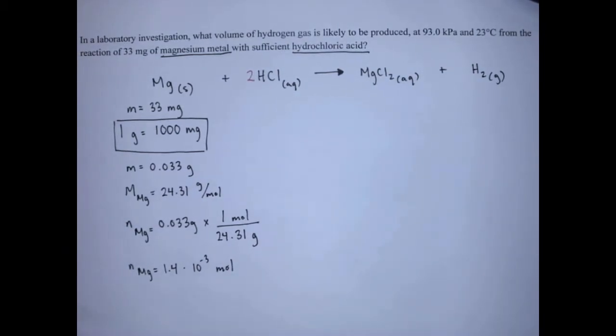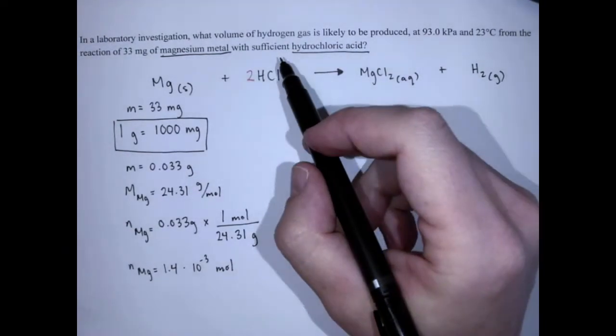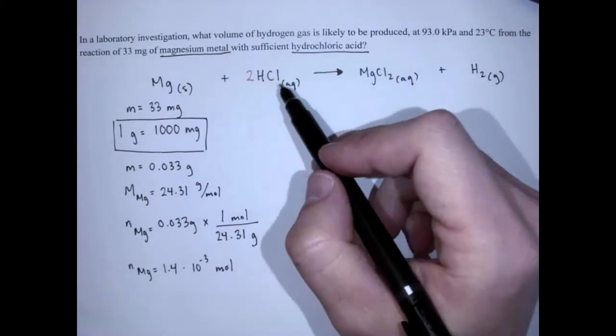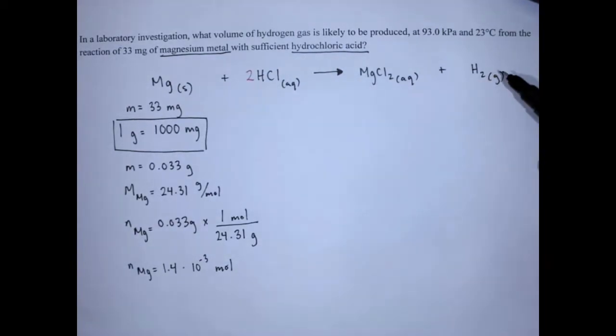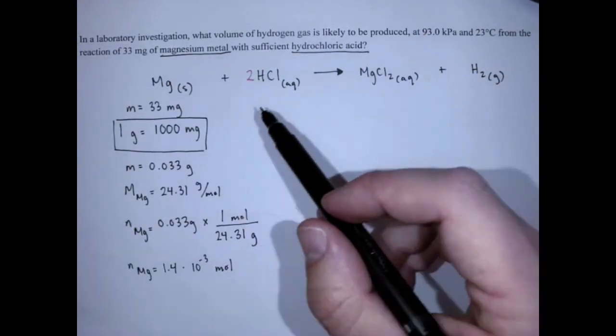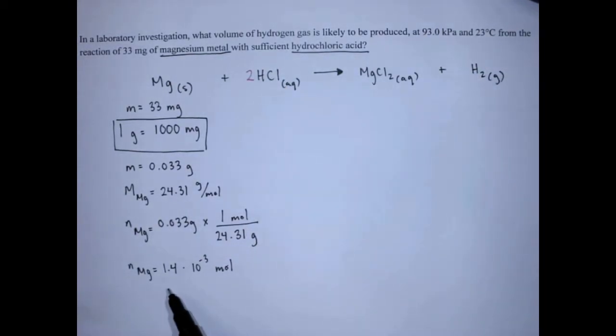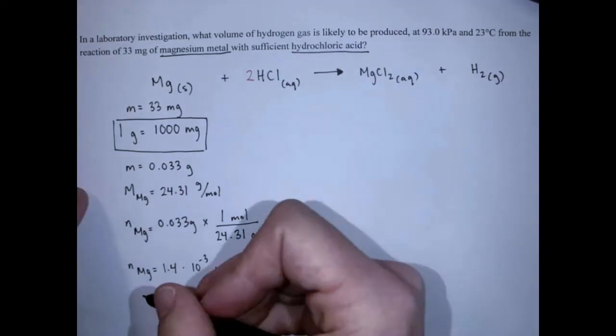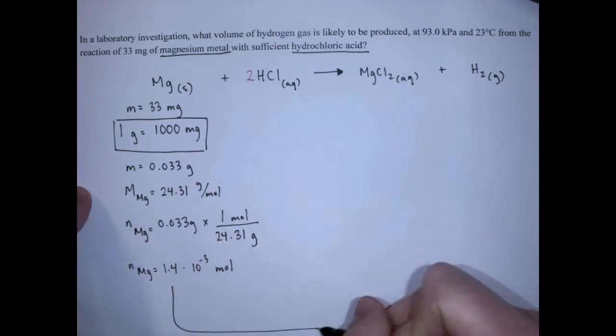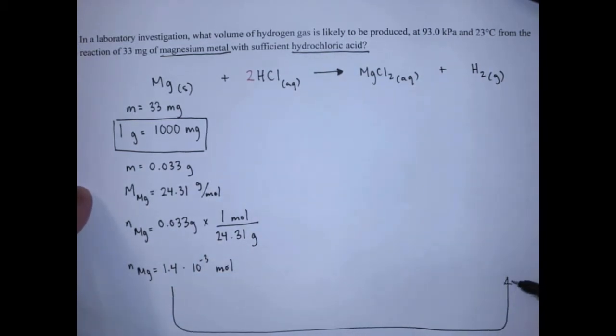of magnesium. Okay. Now it says we have sufficient hydrochloric acid. We don't need to worry about hydrochloric acid yet. We are now needing to convert these moles of magnesium into a volume of hydrogen gas. So let's make our mole ratio.